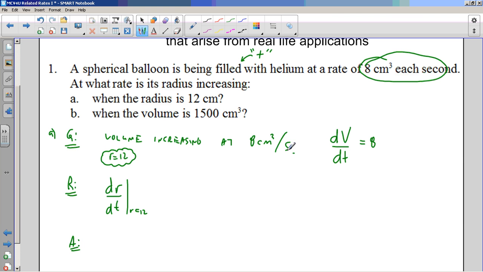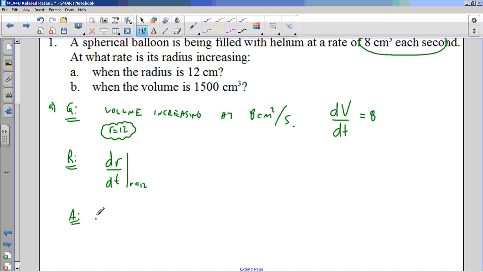Well, at some point, I need to find an equation. We need an equation to relate the given and the required.